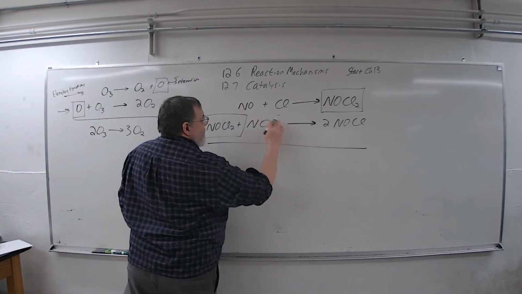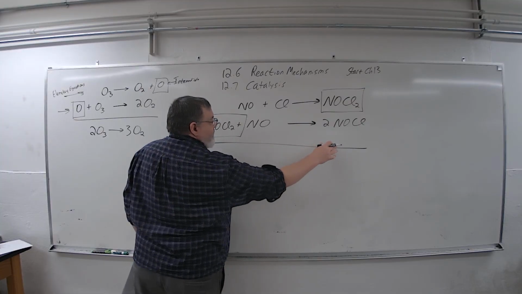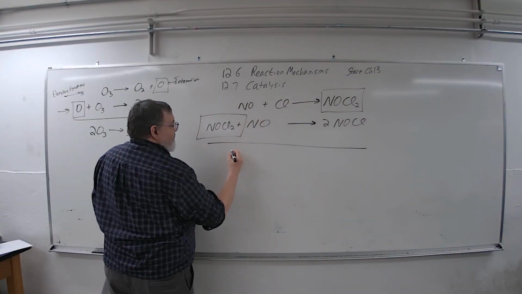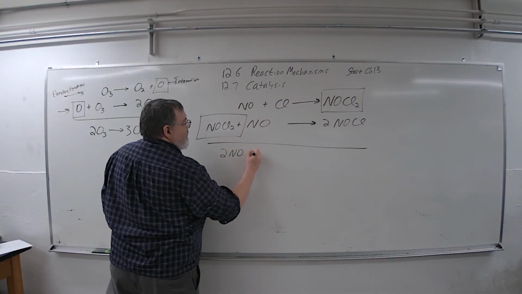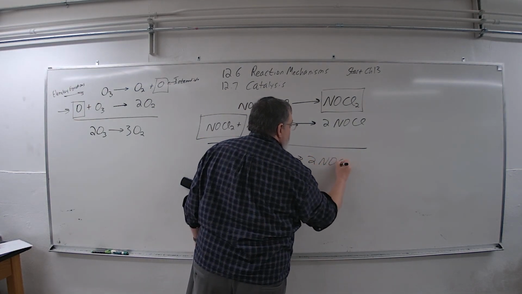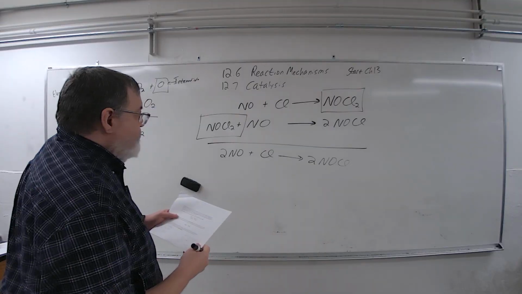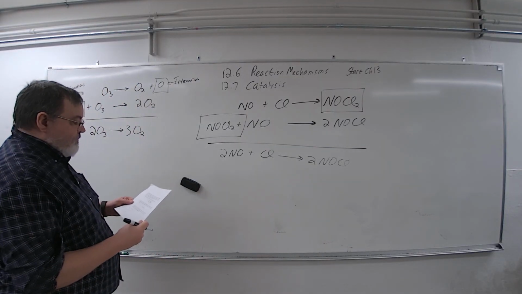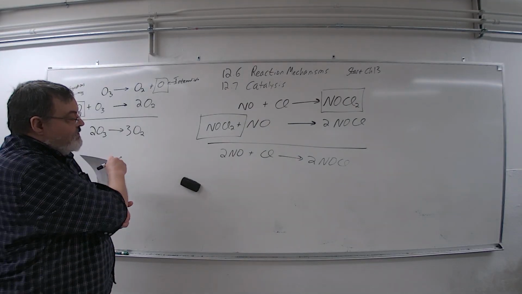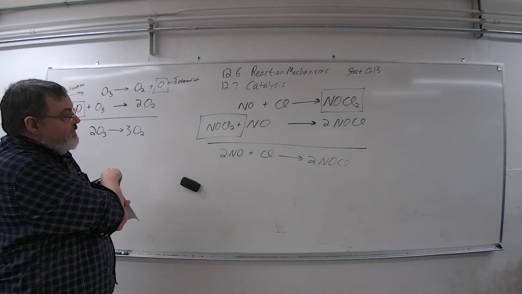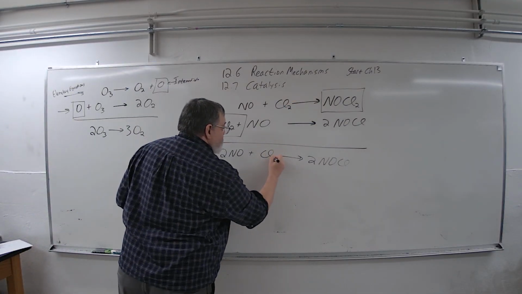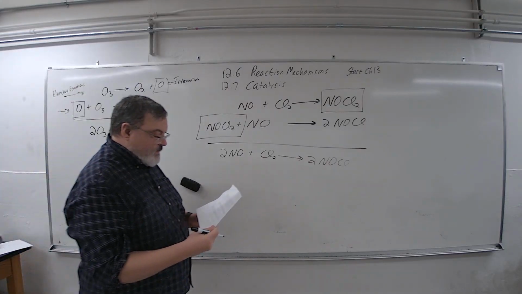There's no Cl over there, there's no NO over there, and there's no NOCl over here, so I can just bring down what I have. I have two NOs, a Cl, two. What am I missing? It's not balanced. Oh, there's supposed to be a 2 there.